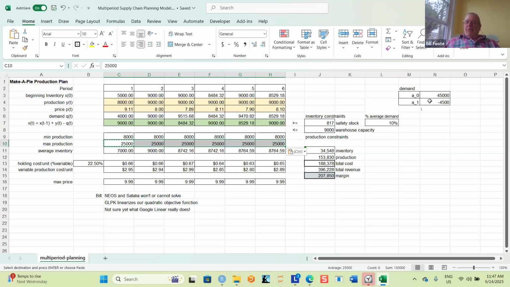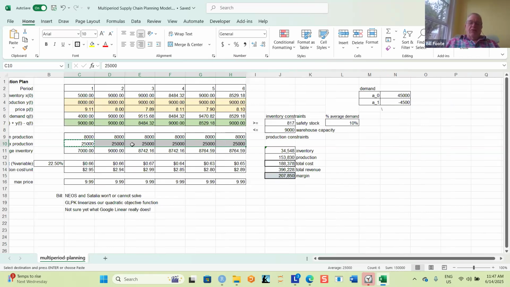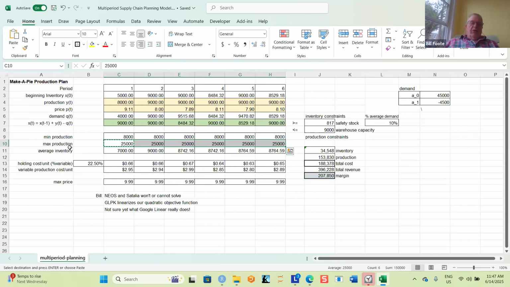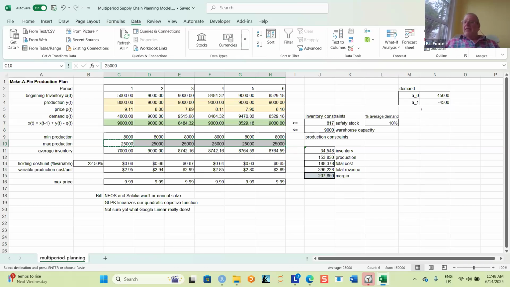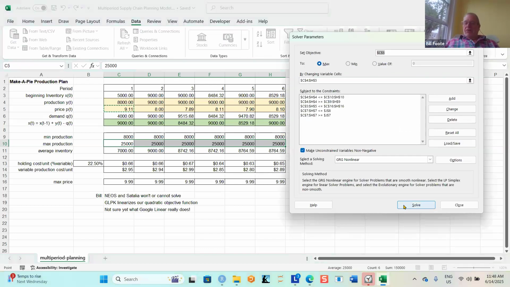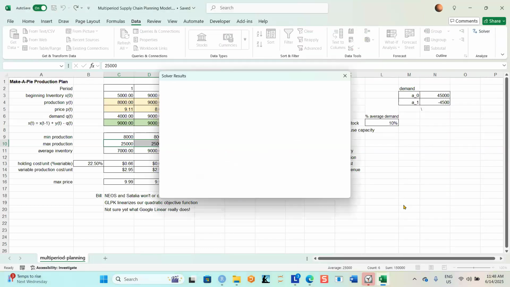This demand structure probably will be no longer valid at 25,000, and probably these costs as well. So grant that for a moment, and let's see if we can produce 25,000 pies and get away with it. I'm game. Valentina's game for sure. There you go.